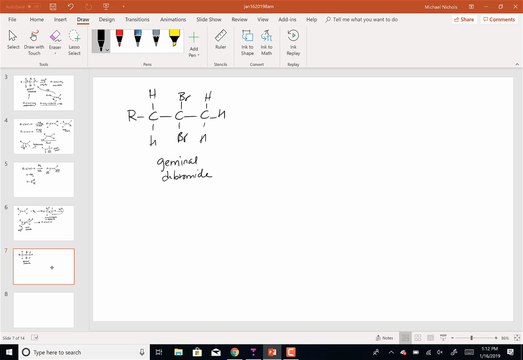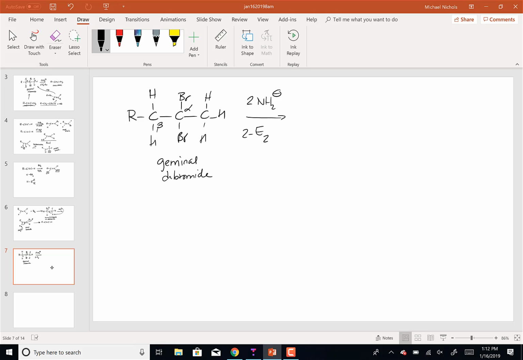So when you make a geminal dibromide, it is possible to make two different products. Because what I'm going to do is still react this with two equivalents of NH2 minus, which means we're going to do two E2 reactions. We still have our alpha carbon with both bromines.